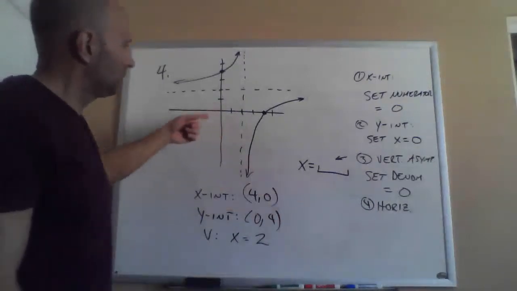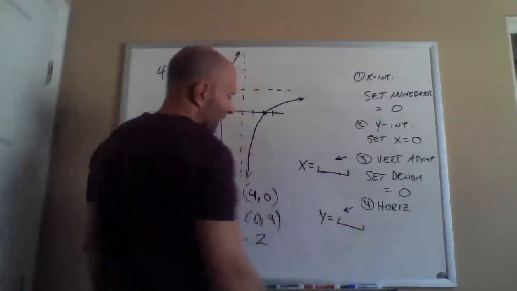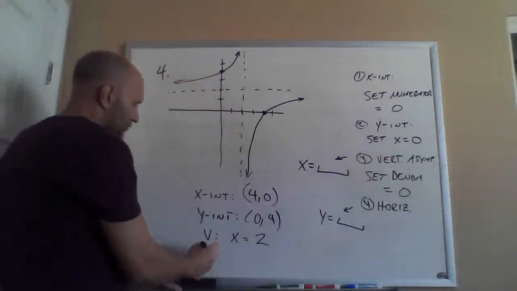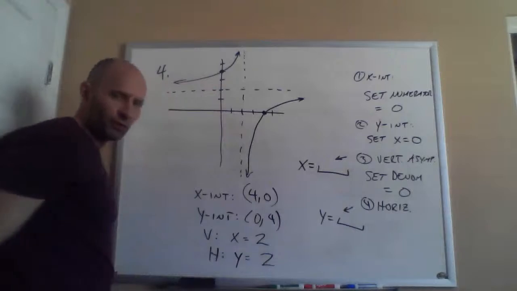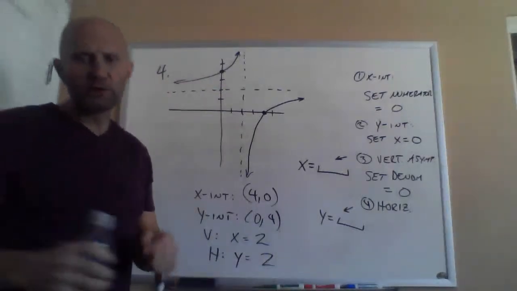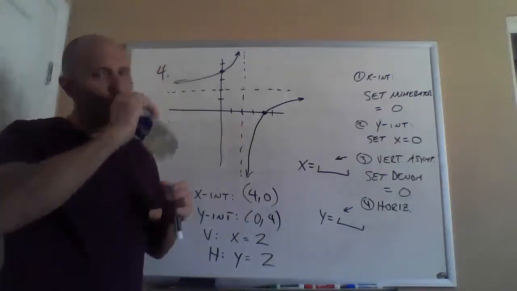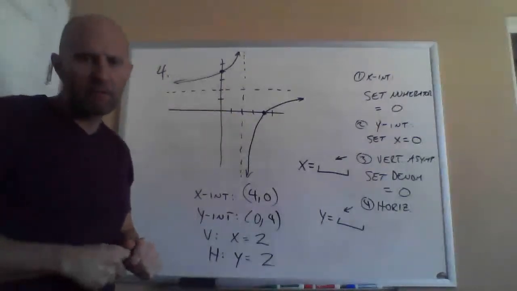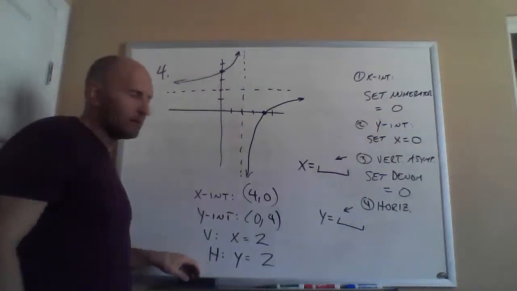And then the horizontal, this is always going to have the equation y equals some value. And it's wherever it's crossing the y-axis, and that's also at 2. So the horizontal is y equals 2. Any questions on that one? No? All right.